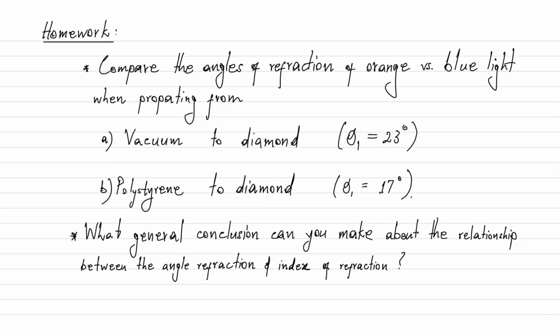I hope that's clear what I'm trying to get to. And then the answer to this conclusion is going to explain why we have rainbows. You will notice that the different wavelengths, the different colors of light are refracted differently. So give this a try, and if you run into issues, let me know.